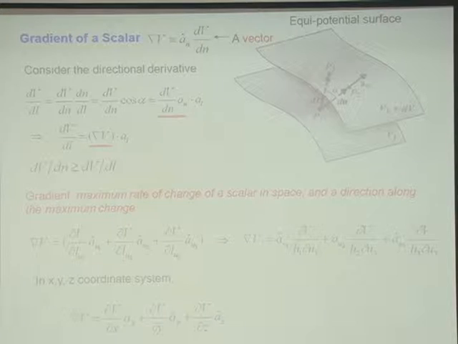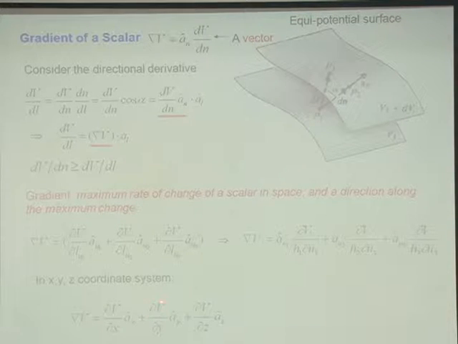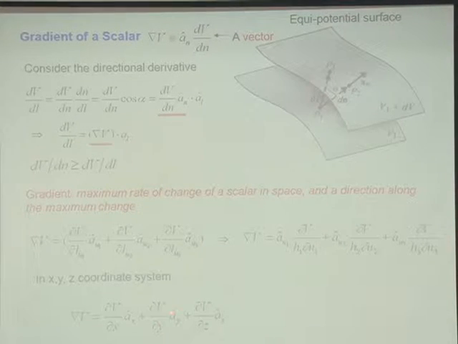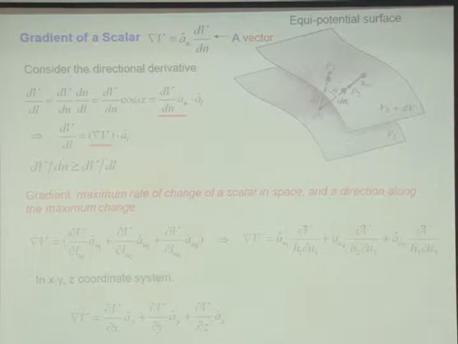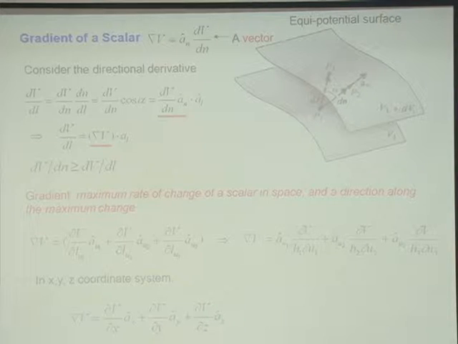And very often we work with the x, y, z coordinate system. Therefore, the form of the gradient in x, y, z coordinate system is quite simple. Basically, you take the partial derivative of v with respect to x and give it a direction of x, plus the partial derivative of v with respect to y along the y direction, and then again the partial derivative of v with respect to z in the z direction.